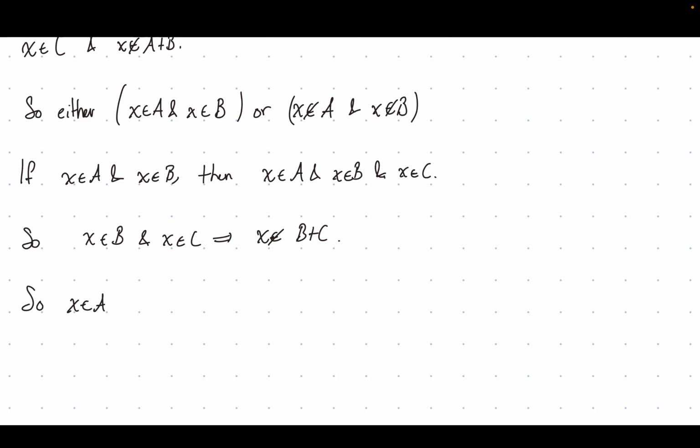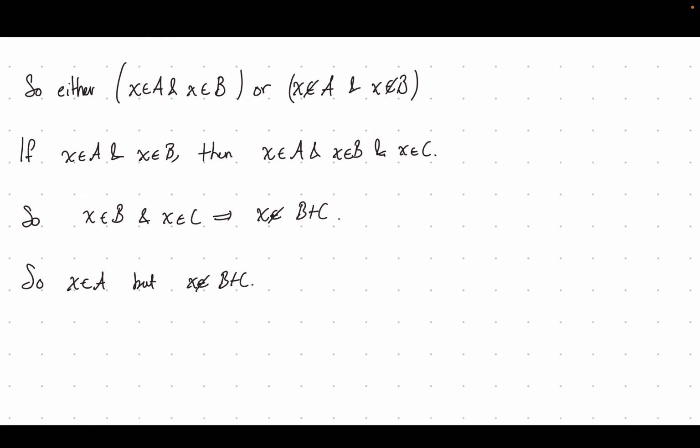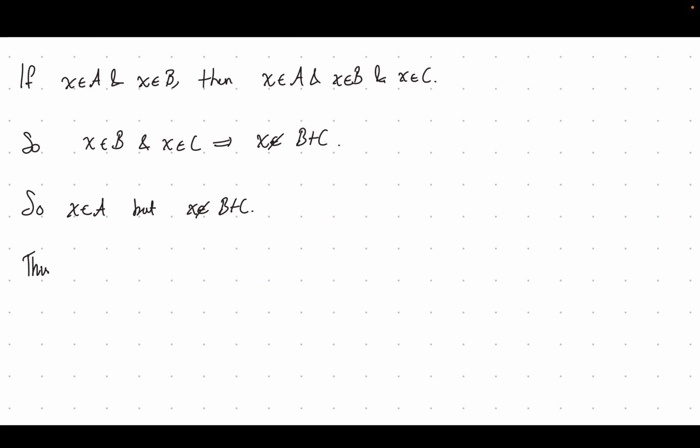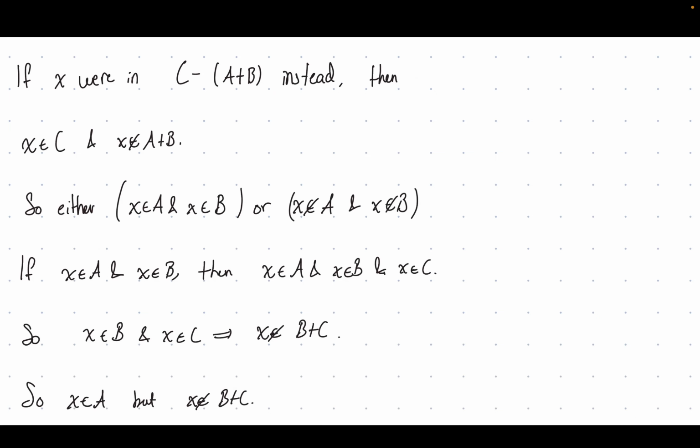So x is in a, but x is not in b plus c. Thus, x is in a minus b plus c, which implies that x is in a plus b plus c. And that is this branch.